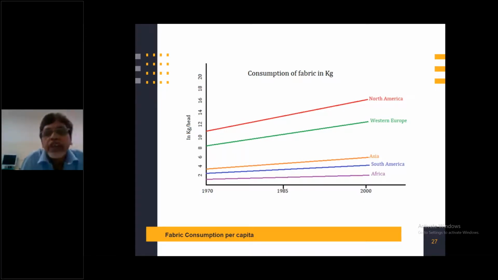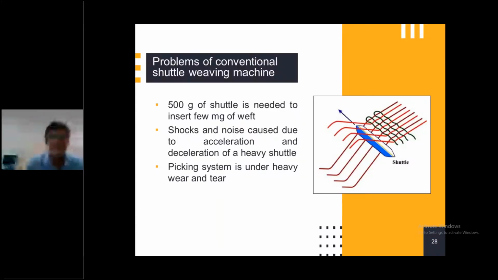If they are required, automatically the machine manufacturers are driving towards designing a new kind of machinery. Because of that, newer kinds of machines have been designed. What is the problem of a conventional machine, the shuttle loom? Even in India, even today, the maximum amount of fabric is produced by this machine.